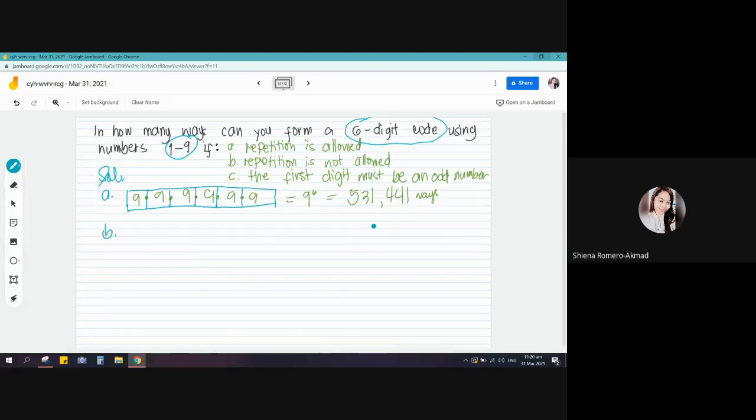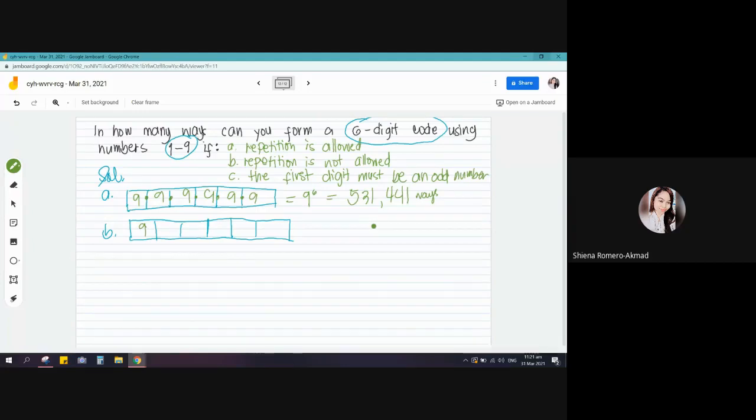How about letter B? Let's have the box method again. Ako, personally, mas nadadalian ako dito. Kasi i-imagine ko siya. If repetition is not allowed, so automatically for the first position, we have 9 choices.